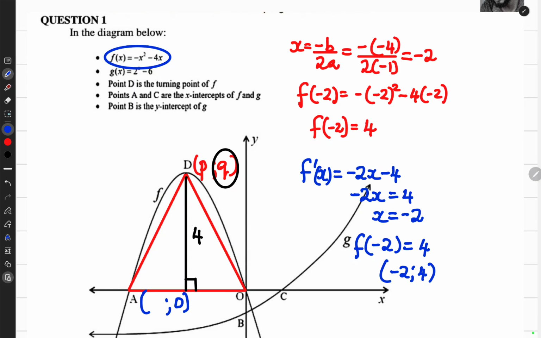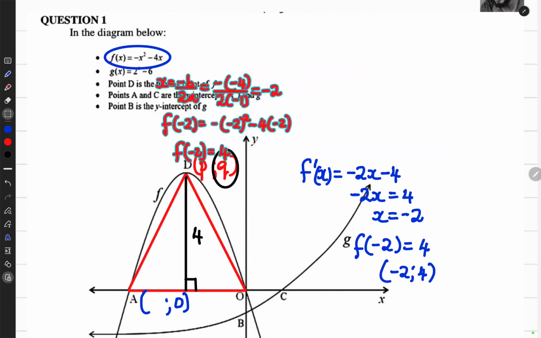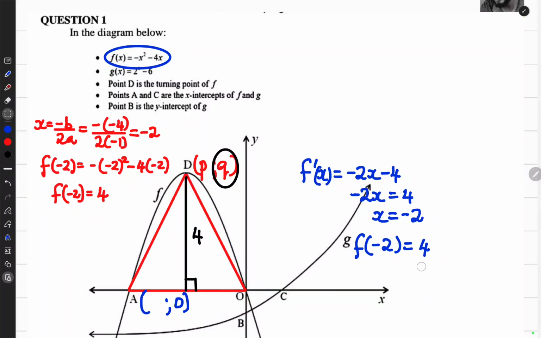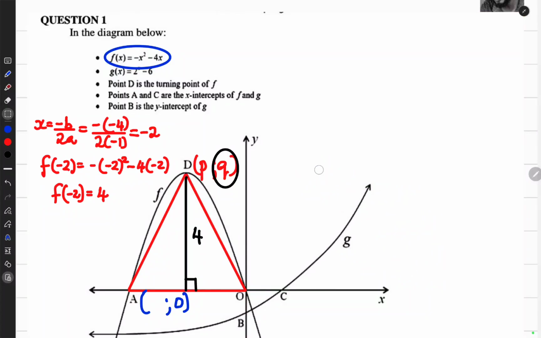So let's go back and take the f of x equation. We'll say f of x equals negative x squared minus 4x. Of this, we need to solve.